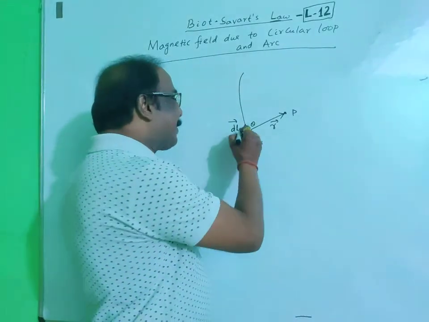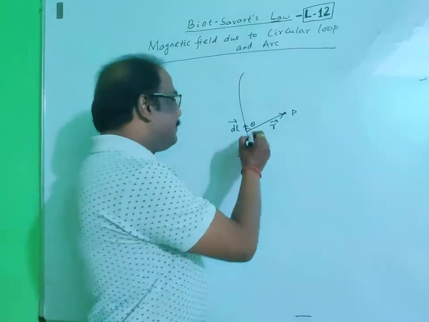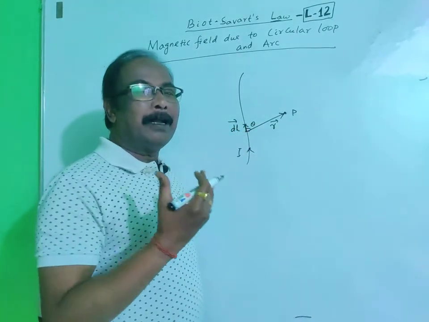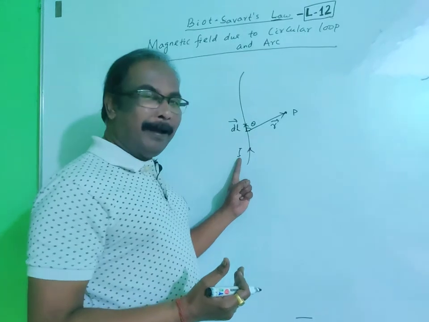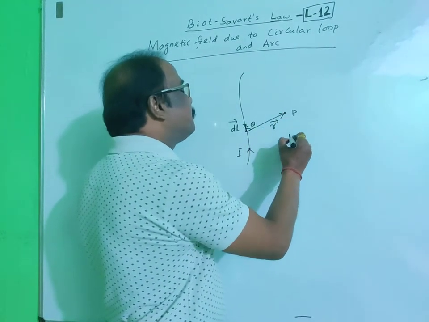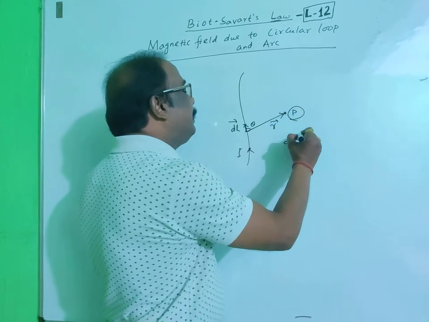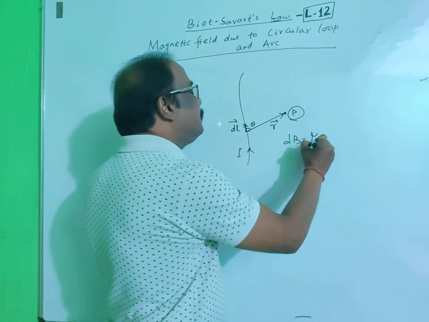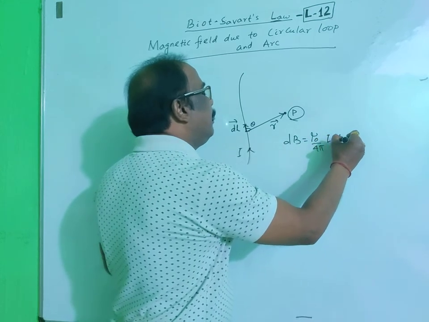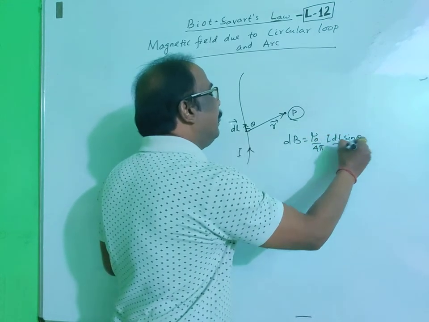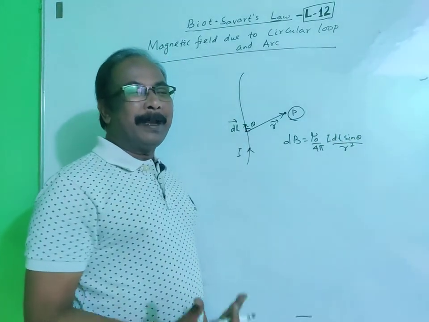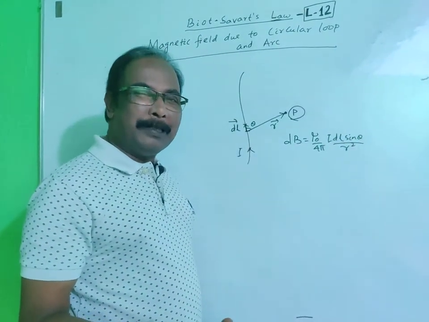Then according to Biot-Savart's law, the magnetic field at point P due to this elemental length dl carrying current I is given as dB is equal to mu naught by 4 pi, I dl sin theta divided by the square of the distance, the square of the magnitude of the position vector.